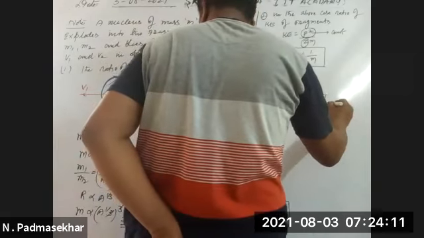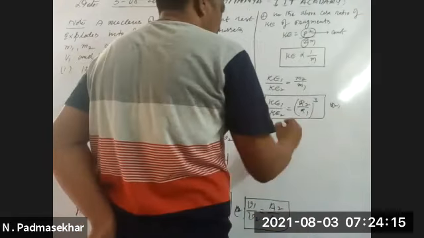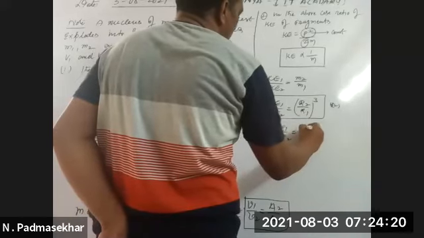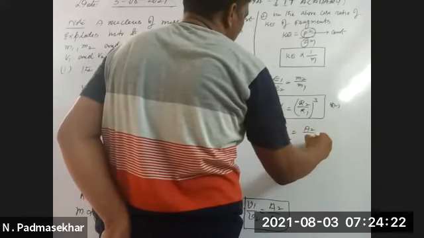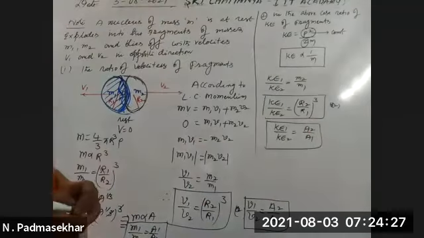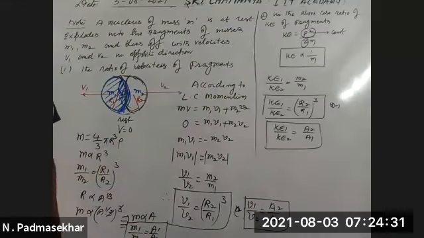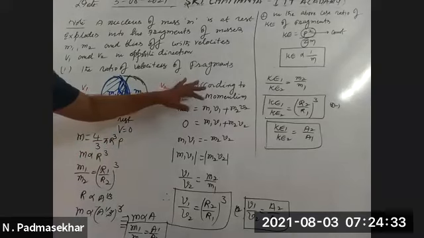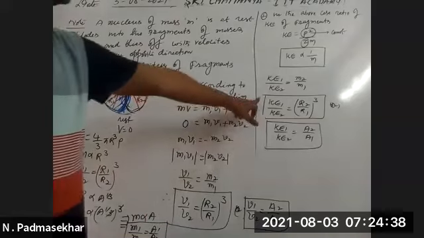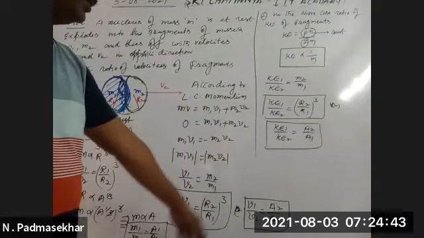And KE1 by KE2 is equal to A2 by A1. So this is the ratio of the kinetic energy of the fragments, and the ratio of the velocities and the ratio of the kinetic energy are the same: r2 by r1 whole cube.